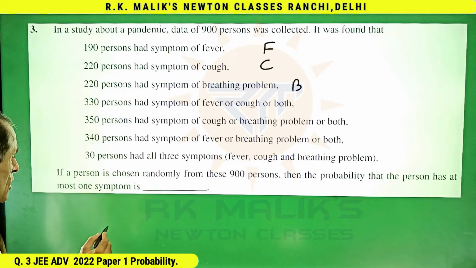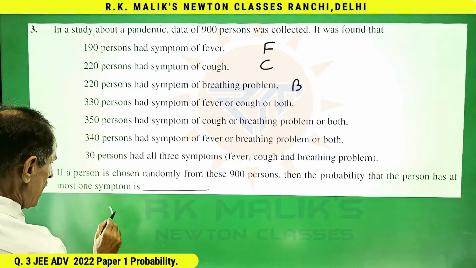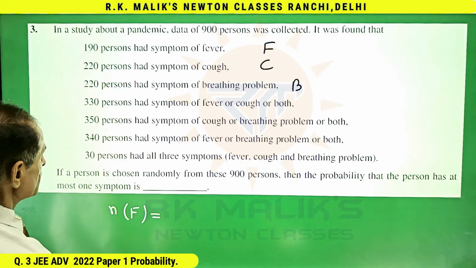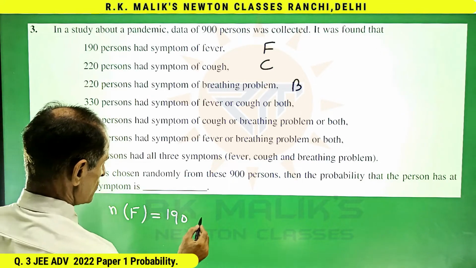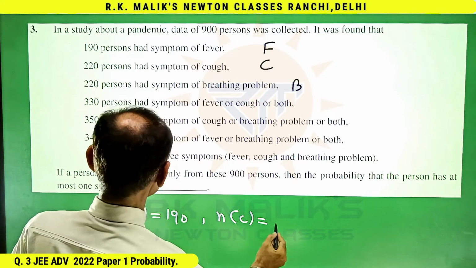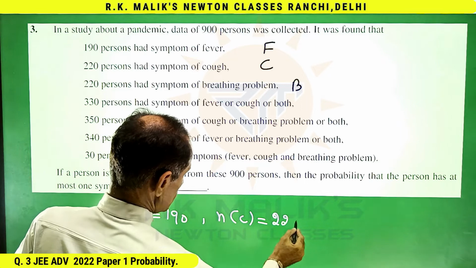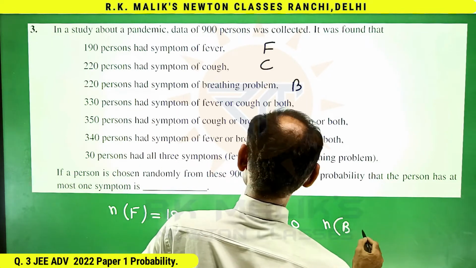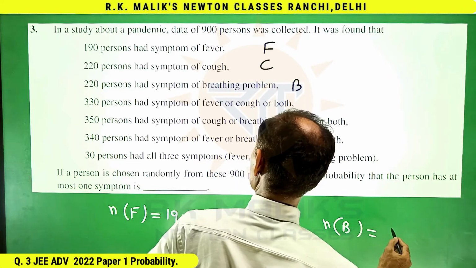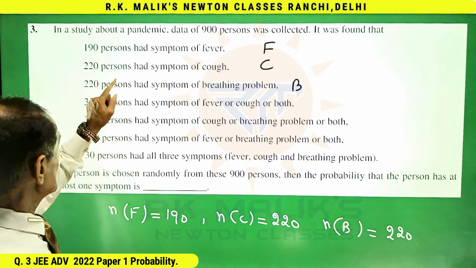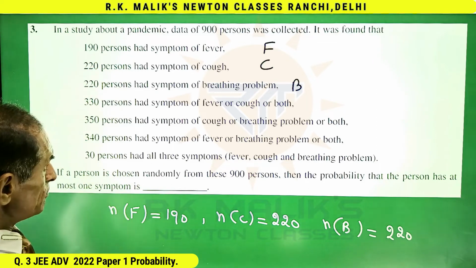Then according to the information given, N(F) becomes 190, N(C) becomes 220, N(B) becomes again 220, keeping this information in mind.